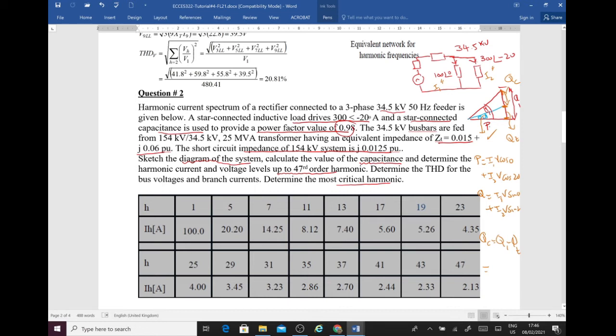It is P tan theta, right? Tan theta is equal to Q over P, so Q will be equal to P tan theta. So QC will be P open bracket, because it will be the same P, tan theta 1 minus tan theta 2.